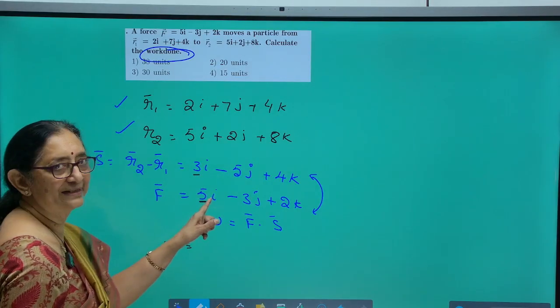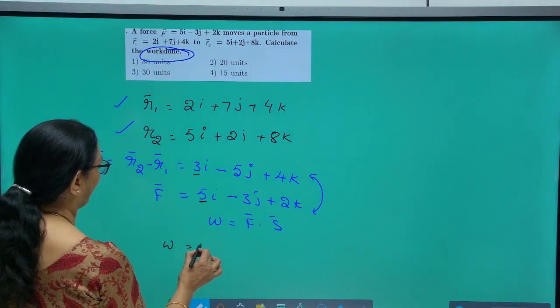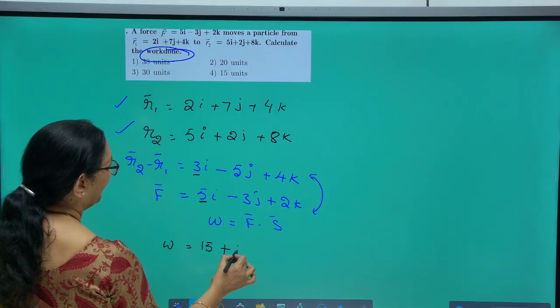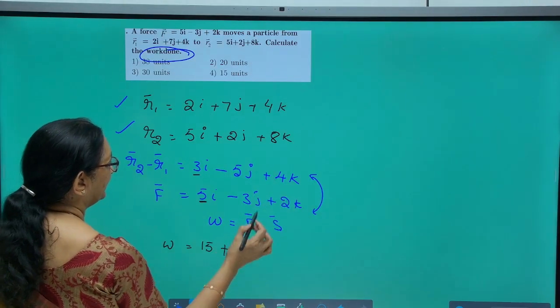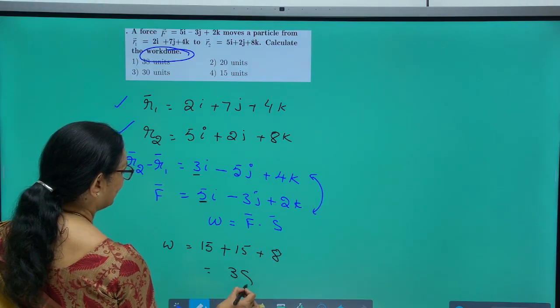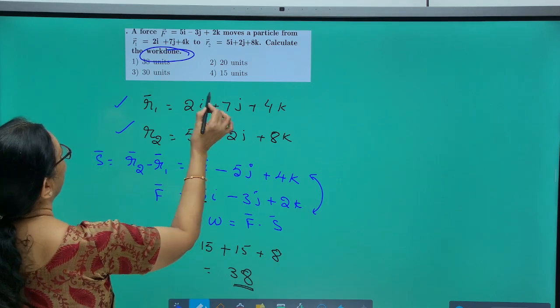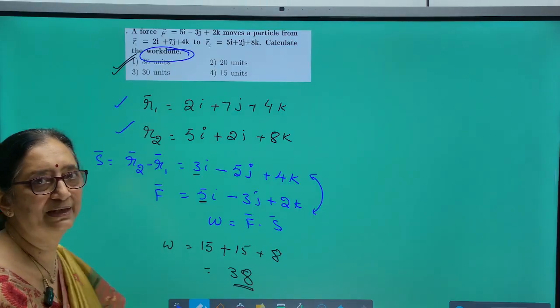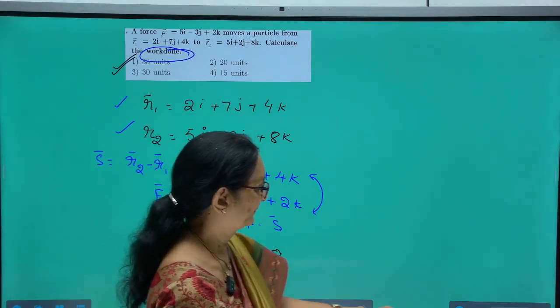As i dot i is 1, it is 3 into 5, 15, minus 5 into minus 3, plus 15, plus 4 into plus 2, it is plus 8, that is 38 units is the work. So the correct option for that formula is the first option.